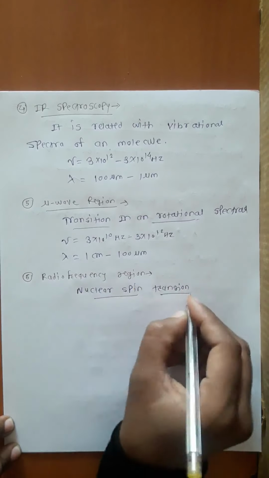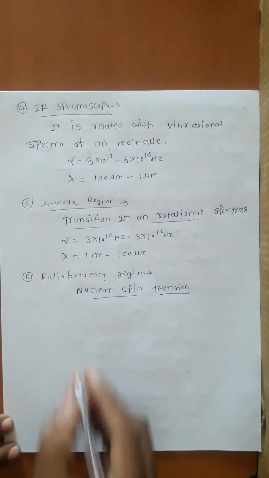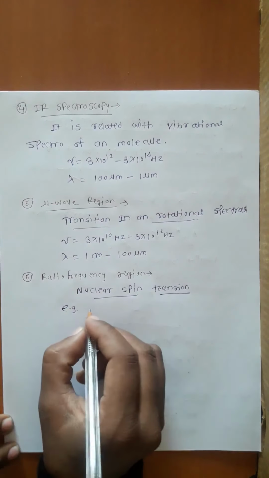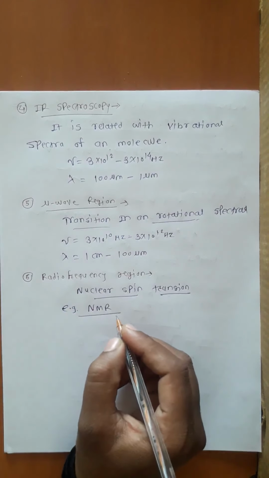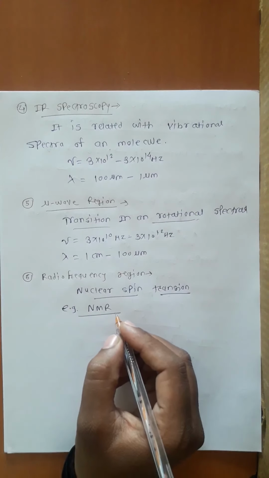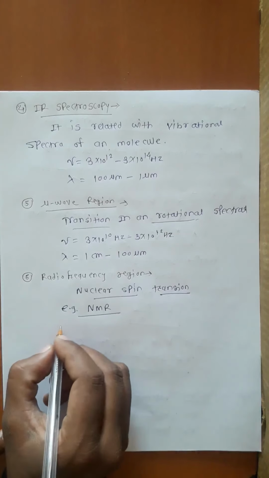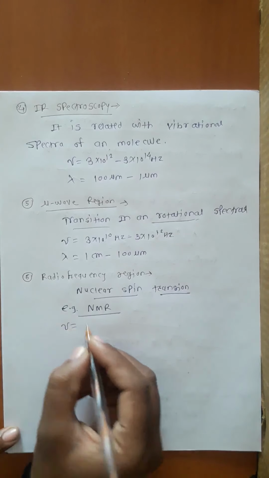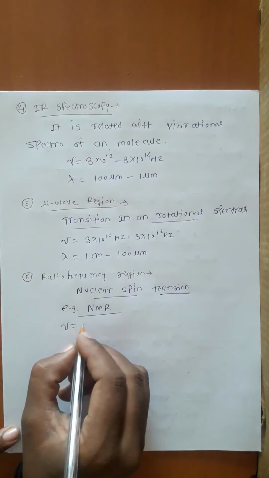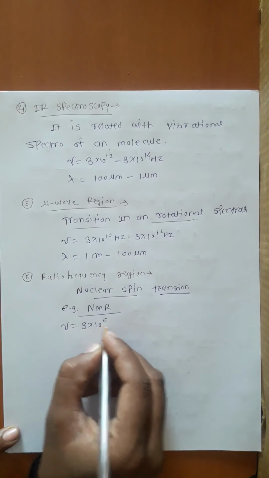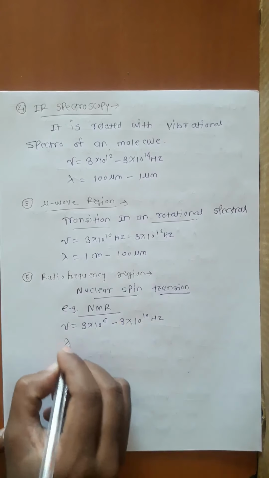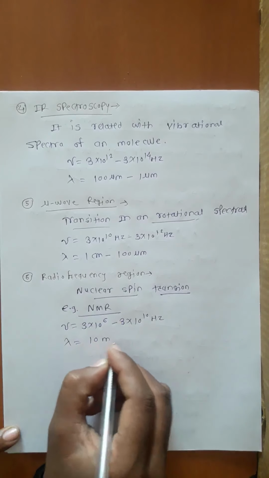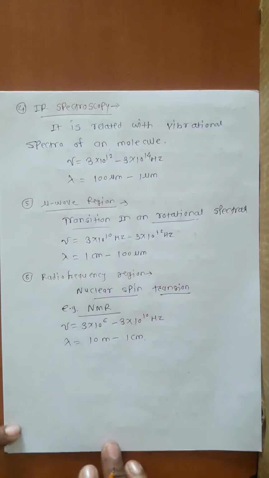In NMR, for example, the transition is due to the nuclear spin. The frequency of this radio frequency region is 3 into 10 raised to 6 to 3 into 10 raised to 10 hertz, and the wavelength is 10 meter to 1 centimeter.